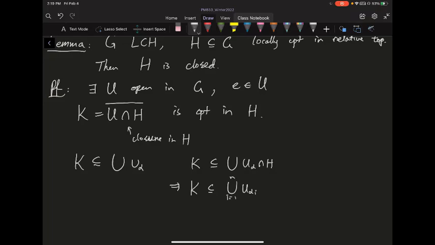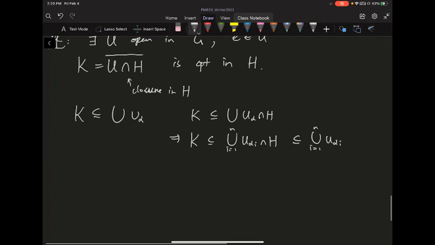So every open cover has a finite subcover, so K is also compact in G.